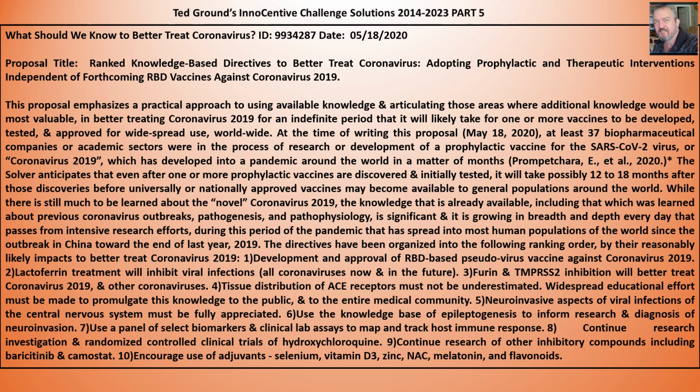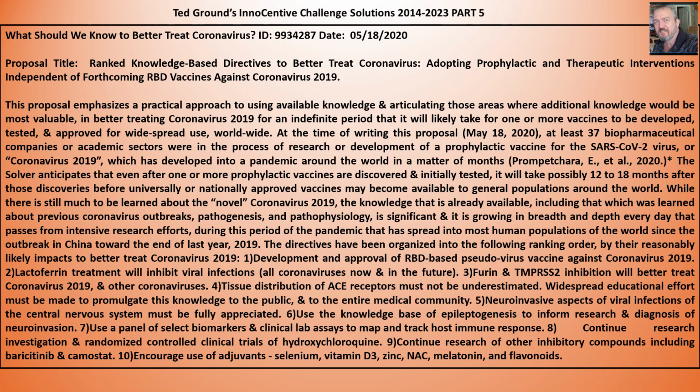This was written May 18th of 2020, and the entire world, the planet Earth, was in the throes of the coronavirus outbreak, and it was pretty serious, and it still is, because coronavirus continues to be out there in the world.